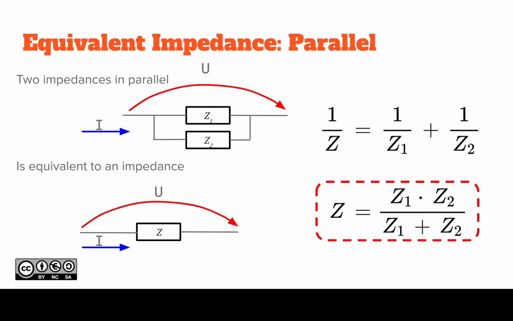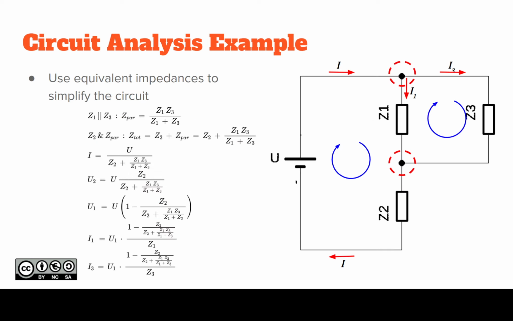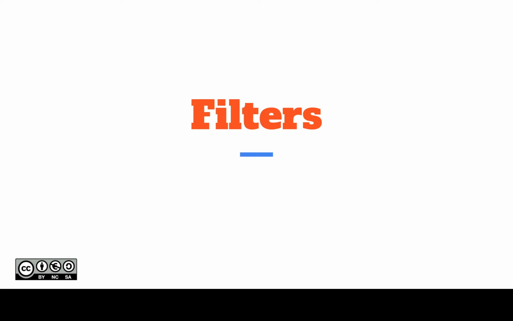And then we also have the equivalent impedance for parallel impedances, which also work as a current divider. And although the math looks ugly, it's still the same as in the case of resistors.